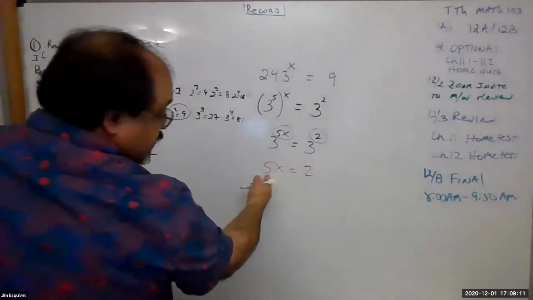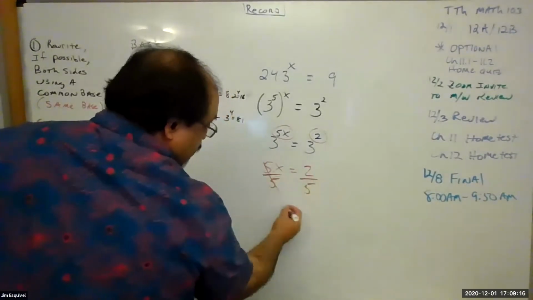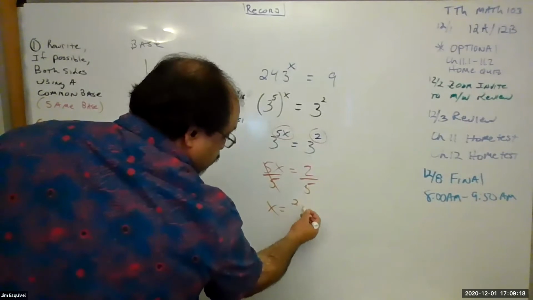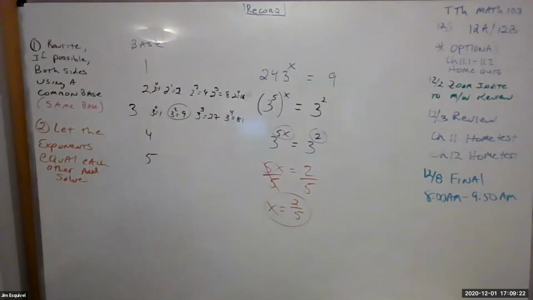It's 5 times x equals 2. Divide both sides by 5. So x has to equal 2/5. And it's going to be a problem where no decimals, leave your answer in fraction form.